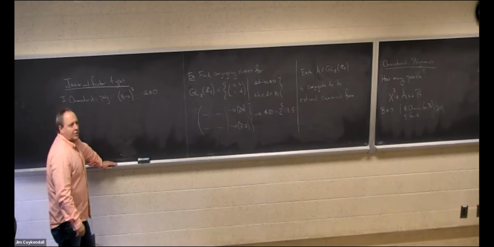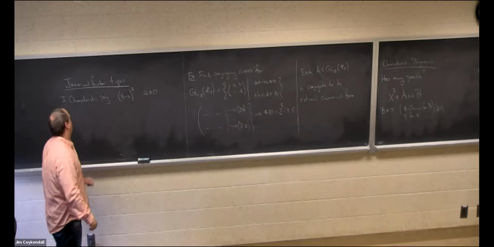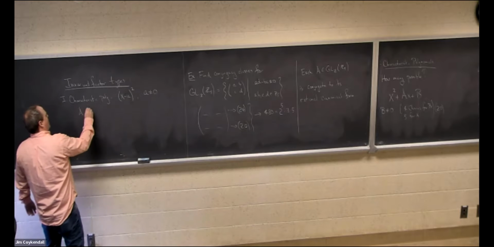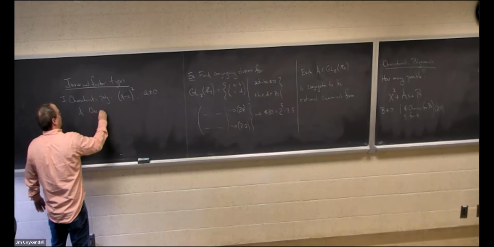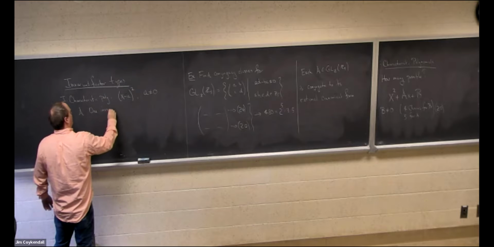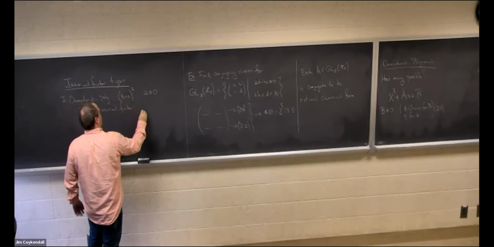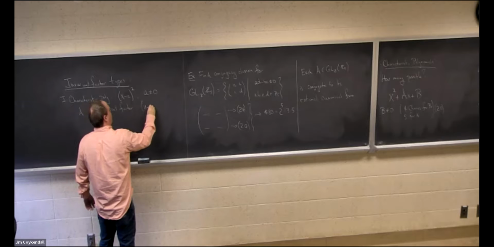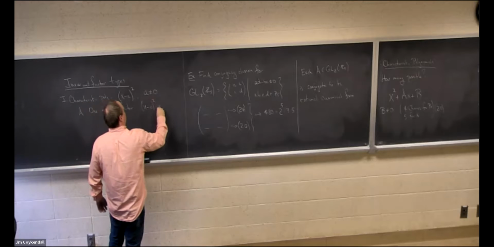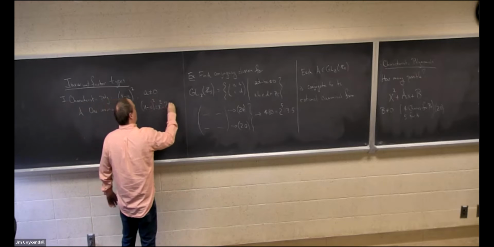Now this breaks up into 2 subcases. 1 invariant factor, x minus a squared, which is x squared minus 2ax plus a squared.